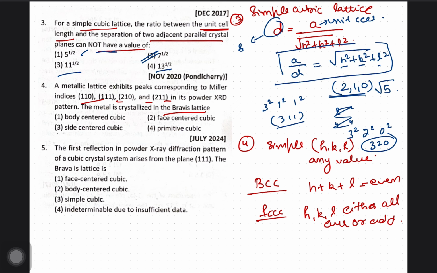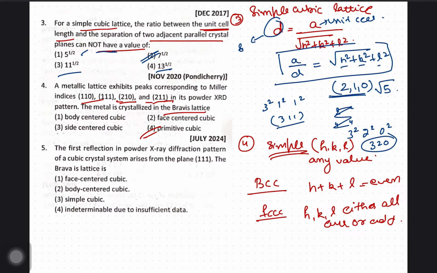Now see, in this 3 4 3, the even-only rule is not possible, so it will be mostly simple, for any value, so it will be primitive cubic, any value of HKL, because these other conditions are not satisfied.